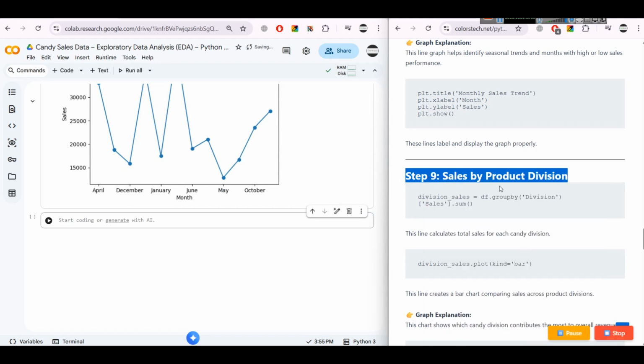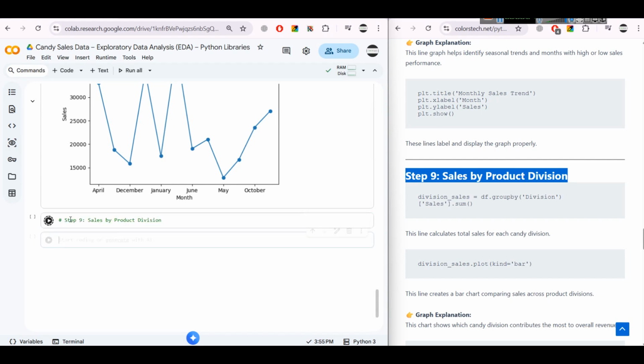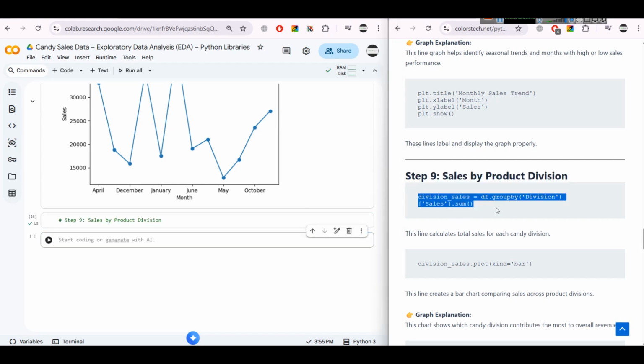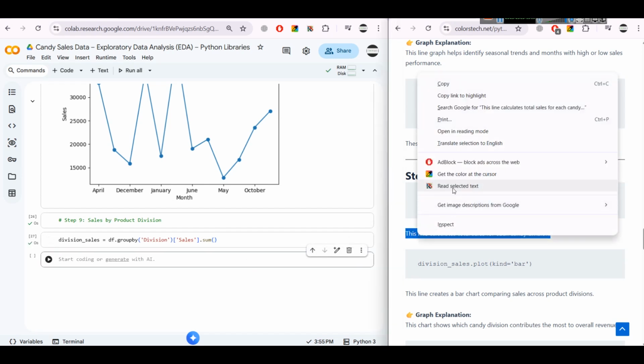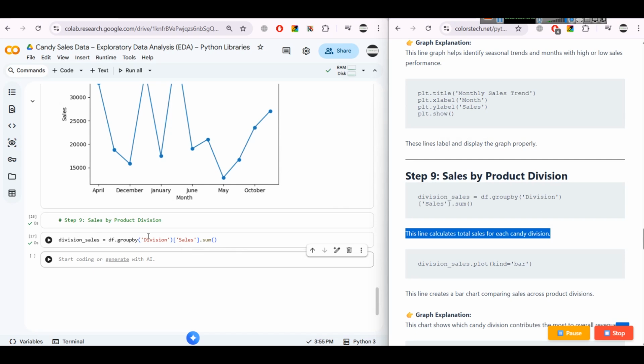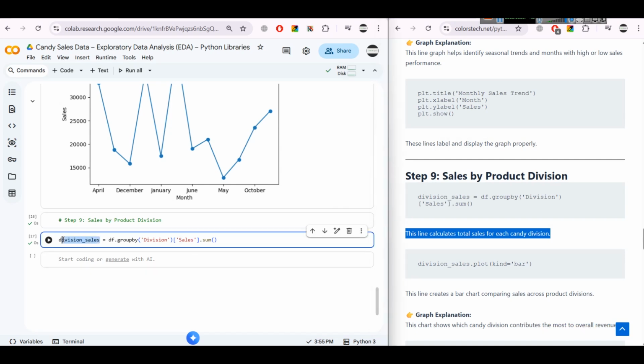Step 9. Sales by Product Division. This line calculates total sales for each candy division.